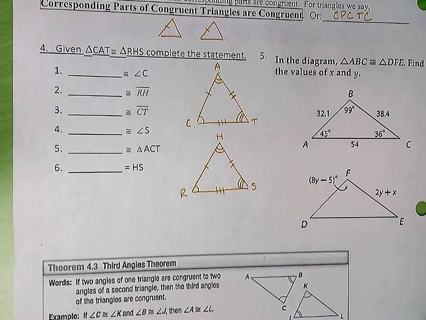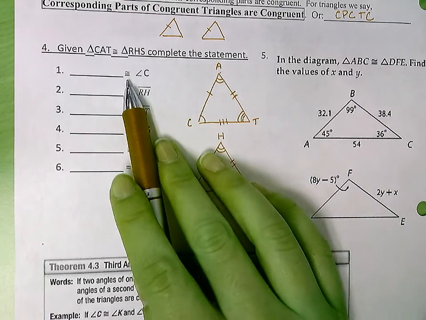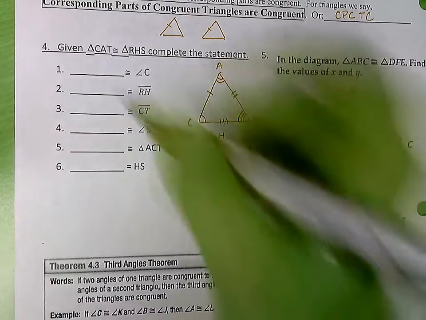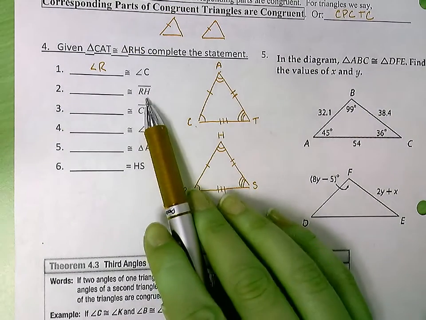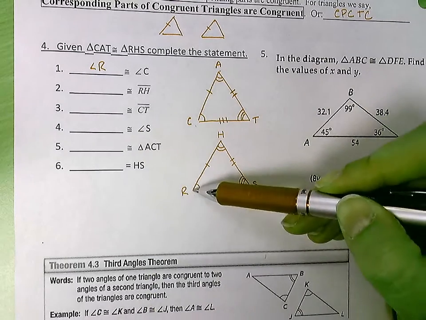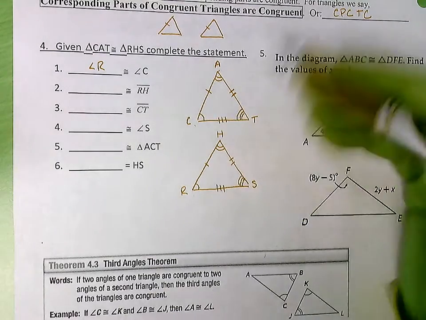Now from this point, I can answer numbers 1 through 6. So I'm looking at angle C, and I want to find the angle that's congruent to that. Well, C's here, R is congruent, so I'll write angle R. Number 2, I have segment RH. So RH is right here. So that would be CA.